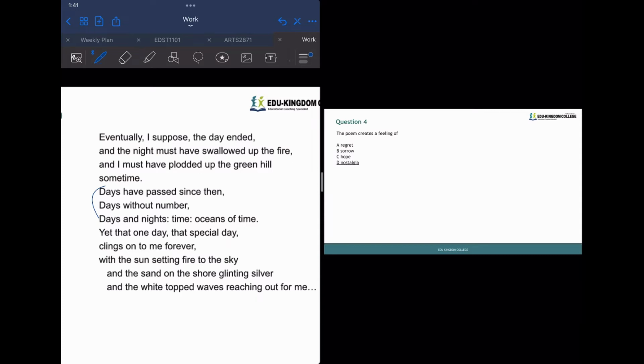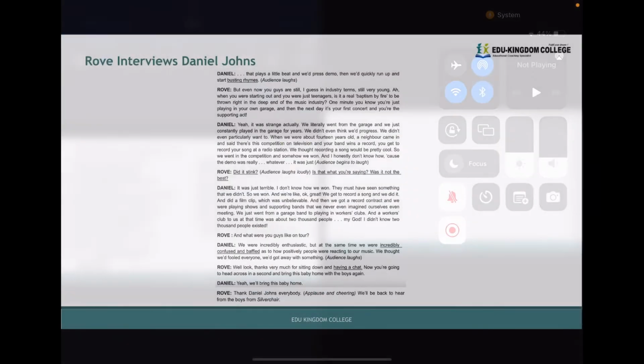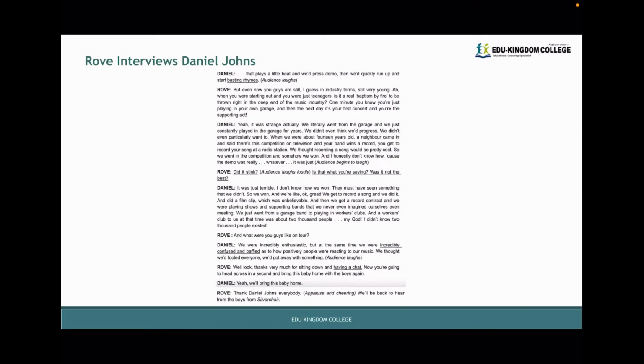Hope is a lot of planning for the future. Because this poem is so focused on the past, we can't say it's hope, and although it does have positive emotions, it can't be A or B because there's a lot of grief and sadness towards it, and it's got a light-hearted emotion in this poem.